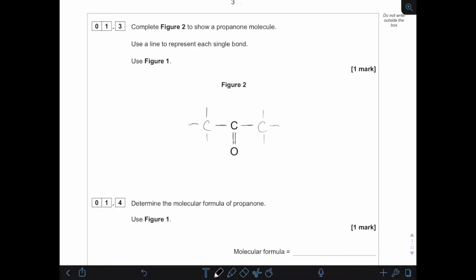So that gives us a total of 4 bonds per carbon, and each of them is bonded to a hydrogen atom. So there's a total of 6 hydrogens, and that's our displayed formula.